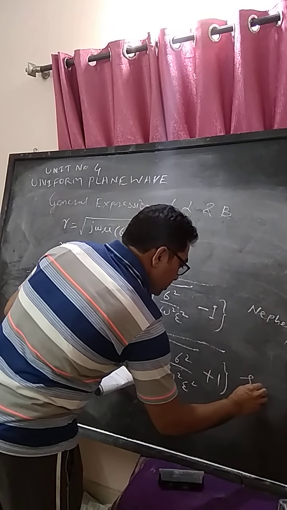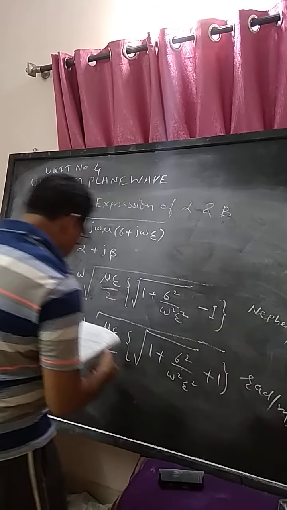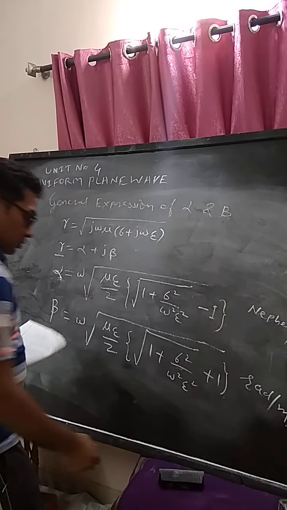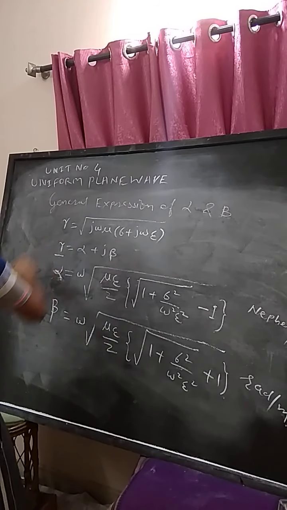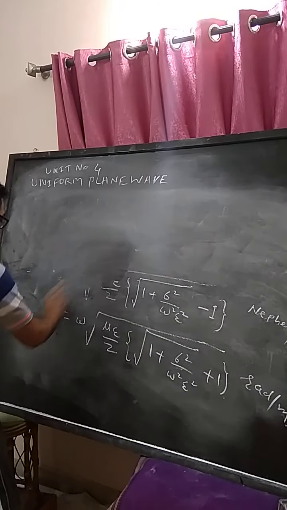The unit of beta, that is phase constant, is radian per meter. So these terms we require to solve the further problems of this unit.